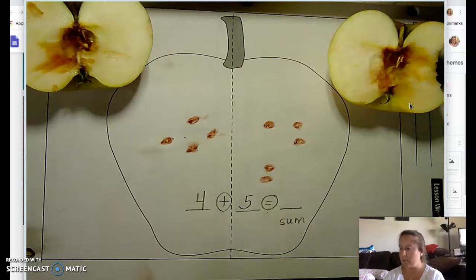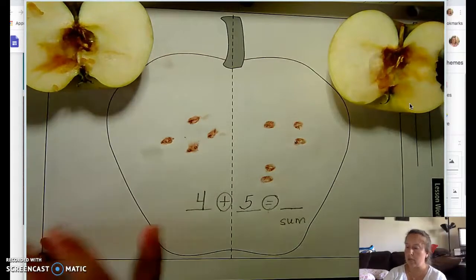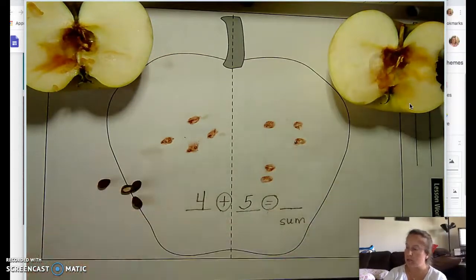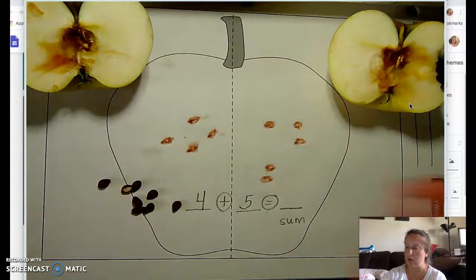Now I need to add them. I could certainly add 4 plus 5. Maybe I already know the answer. How do I figure it out if I don't know the answer? There's 2 different things I can do. I can actually put all of these seeds together and count them.